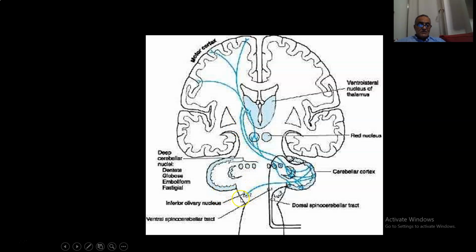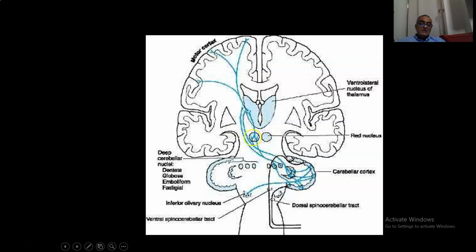You see that the information comes from one side and goes to the other side of the cerebellar cortex. And then when it goes from the cerebellar cortex, the Purkinje fibers, to the dentate nucleus, they cross another time going to the red nucleus. So there is a double crossing: from the medulla to the cerebellar cortex, and another crossing from the dentate nucleus to the red nucleus.